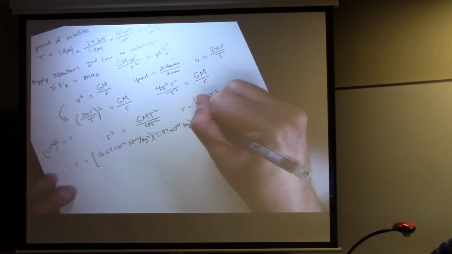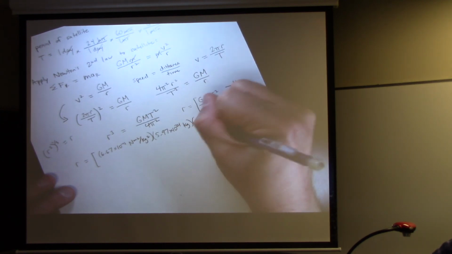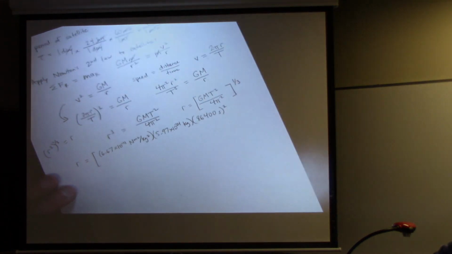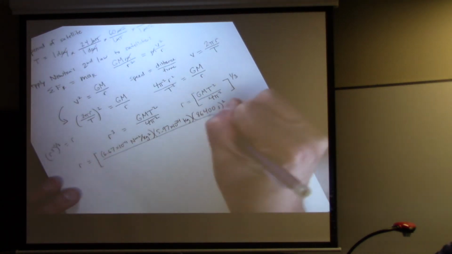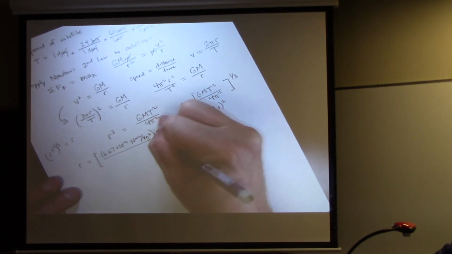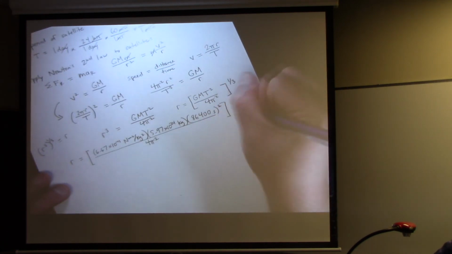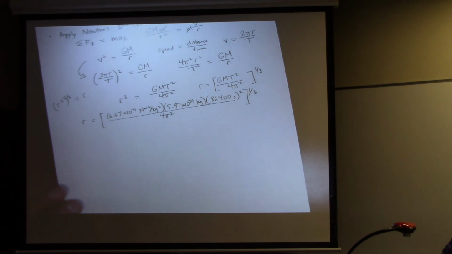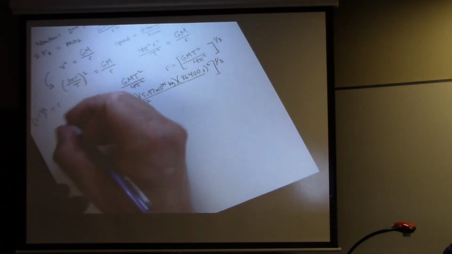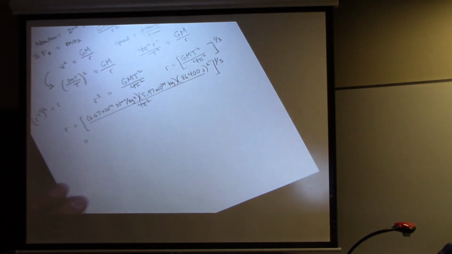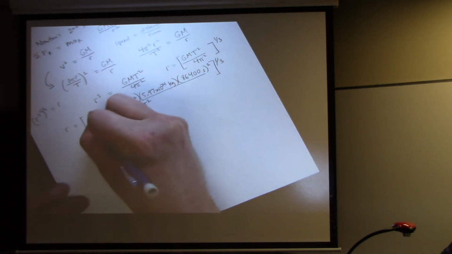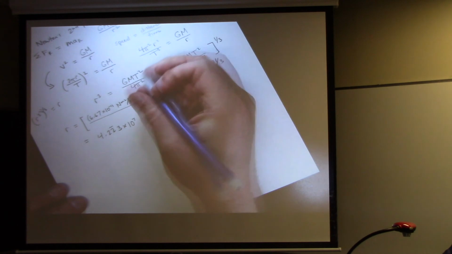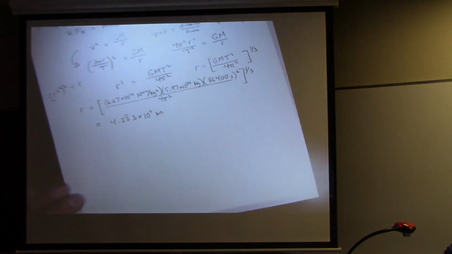T is going to be 86,400 seconds, and we're going to square that because T is squared right there, and then divide that all by 4π squared, and then take that to the 1/3 power. So it's a lot to calculate, but if you put this into your calculator, here's what you're going to get: 4.223 times 10 to the 7 meters.